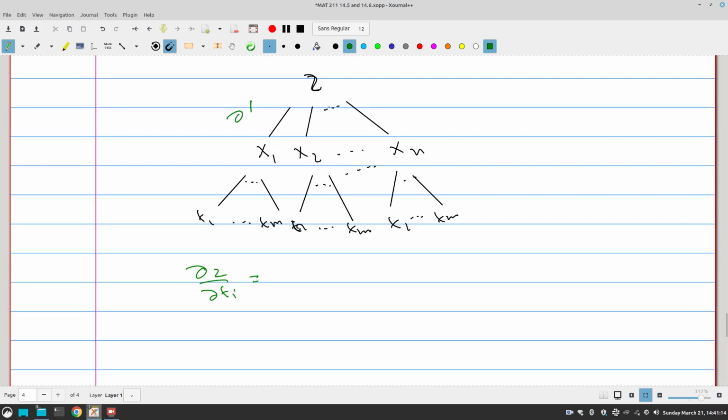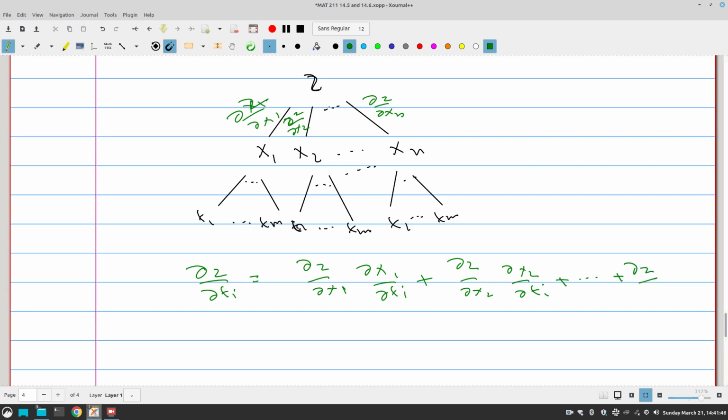You can go through x1, dz over dx1 times dx1 over dti, plus dz over dx2 times dx2 over dti, and so on, up to dz over dxn times dxn over dti.